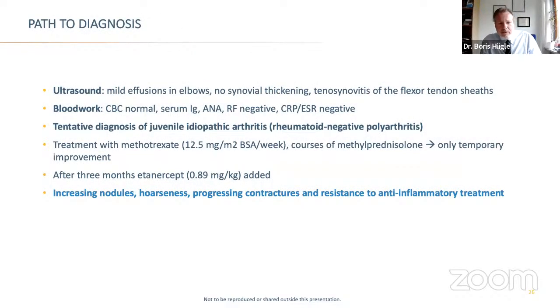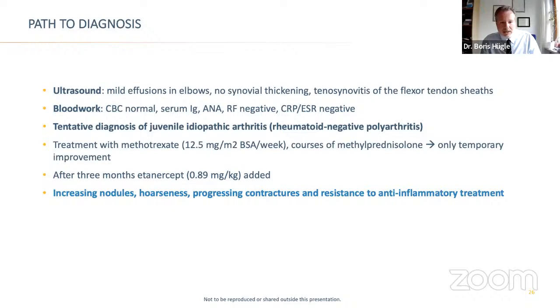And ultrasound showed some effusions, no real synovial thickening, no real synovitis in the joint. He did have some synovitis in the tendon sheaths. He had normal blood work, no real systemic inflammatory signs. So he got the diagnosis of JIA, was treated with methotrexate, treated with methylprednisolone, which of course led to some improvement.